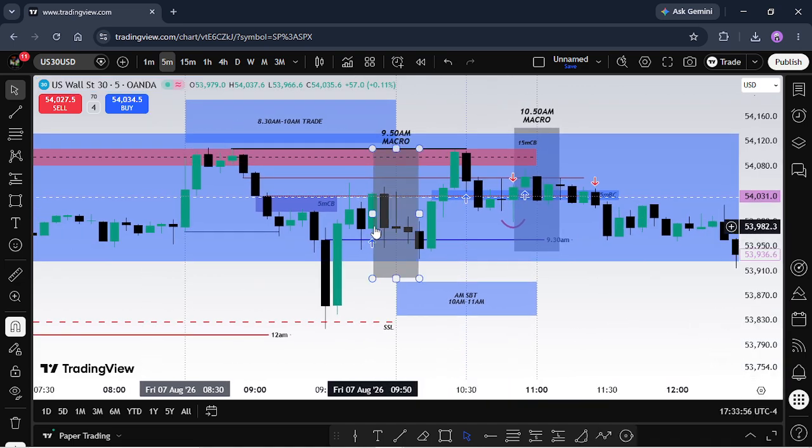So this trade was good and I started in the 950 macro, right? As soon as the 950 macro started, I took the buy and then price went up. I think personally it's a matter of strength. I think there was a switching of strength or something.